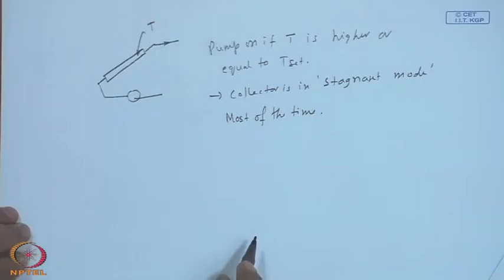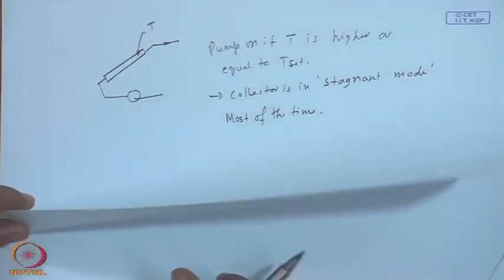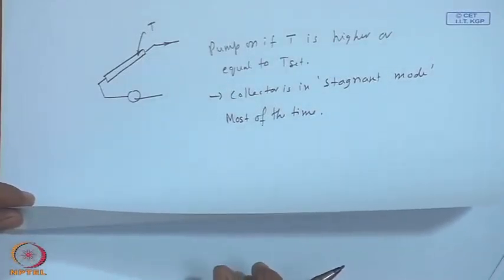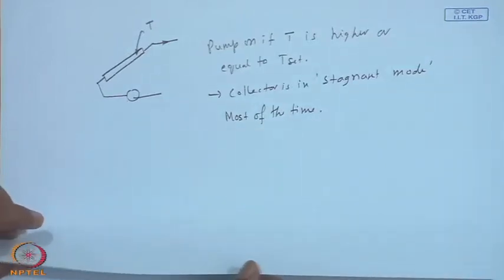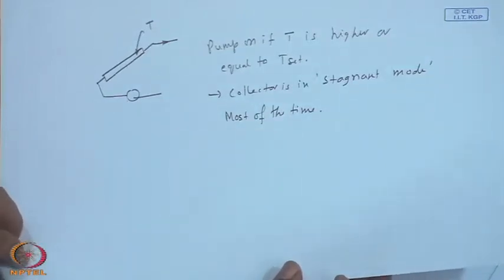This is also on off as far as the pump is concerned, but the operation is completely different between the pump running as long as the outlet temperature is higher than the inlet temperature, compared to the pump circulating the fluid only if the fluid reaches the desired temperature.